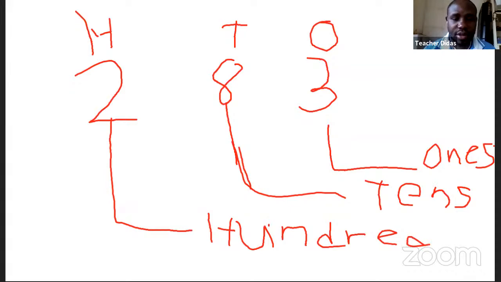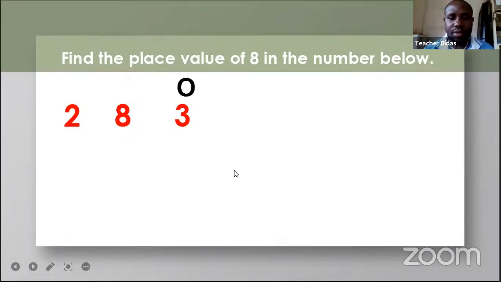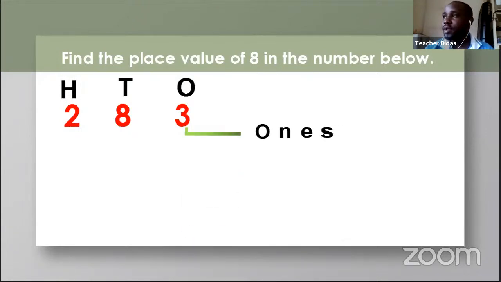The place value of 8 is tens. Okay. So members, you can also see that we are getting to learn them. So therefore, in this case, the first one is ones, as you can say.